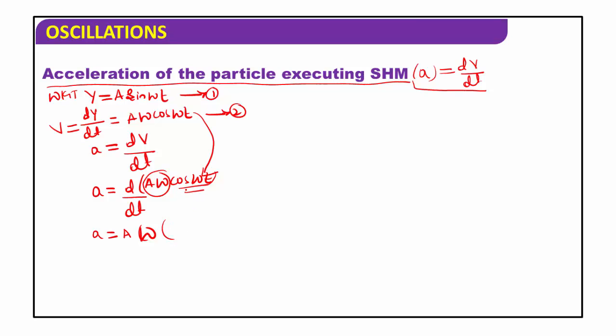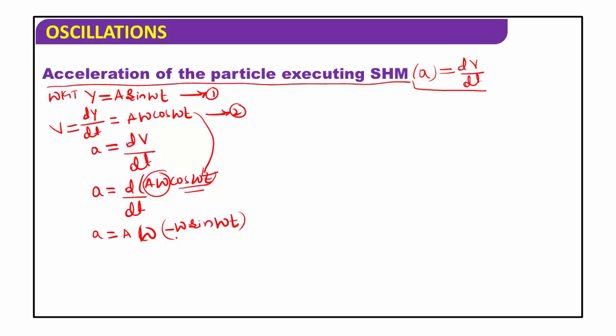The differentiation of cos x is minus sin x, so the differentiation of cos omega t is minus omega into sin omega t.